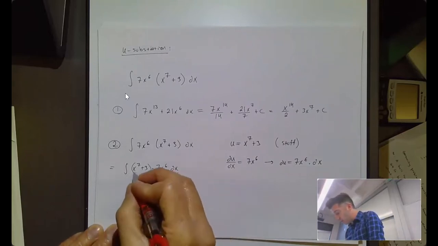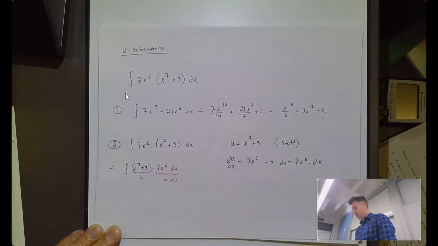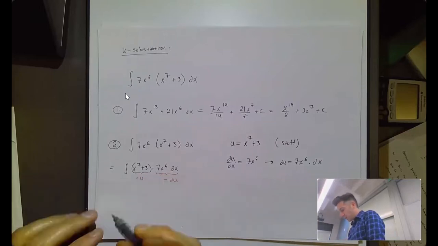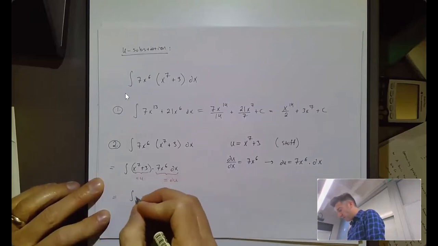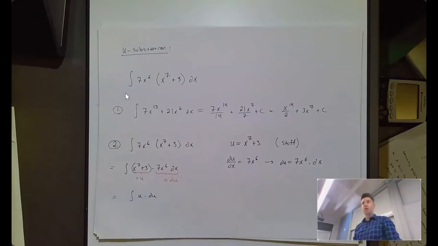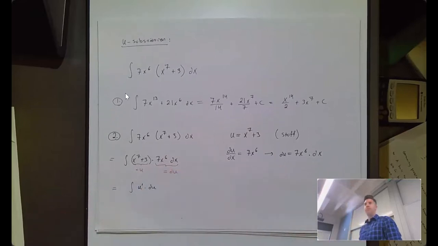And then this part here, that's just what we chose for u. So now we're going to have this integral transformed into the antiderivative of u du, which you might think of as u to the first, just to make it a little more obvious what's going to happen.